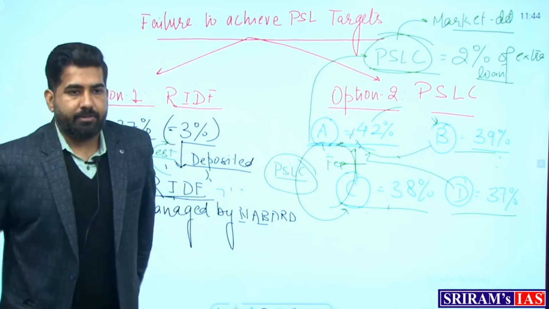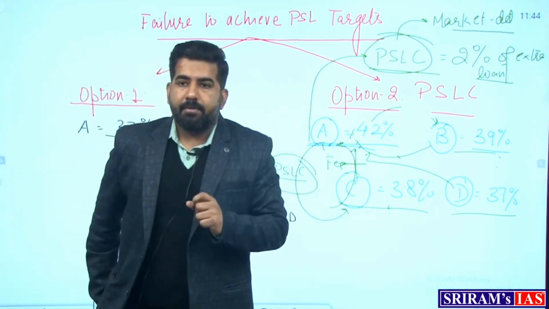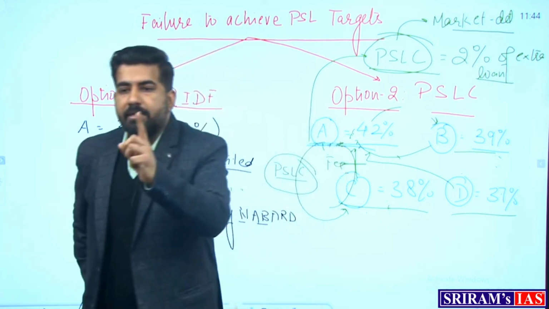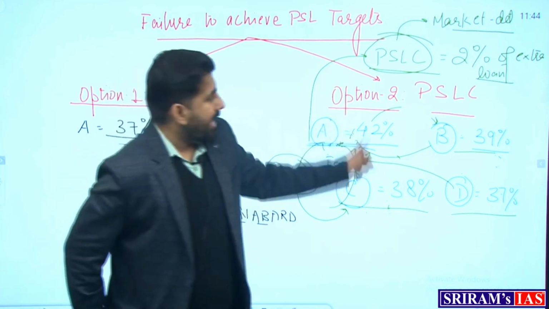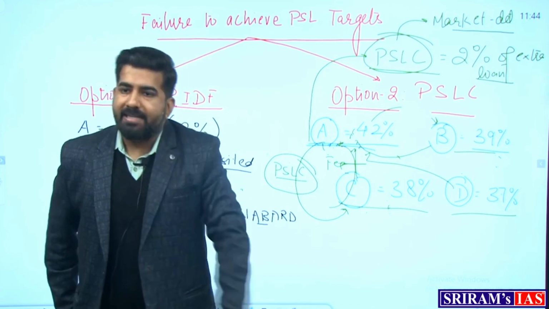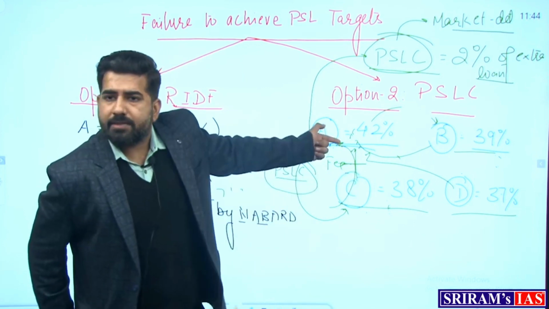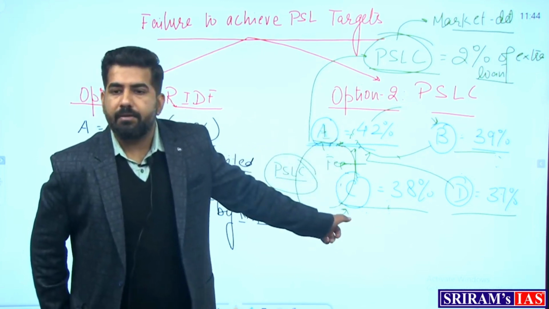एक last point. A ने PSL certificates तो transfer किए, but try to understand who has actually given the loan to the person. It's A who has actually given the loan, for which they have got the extra certificates. Does the transfer of certificate mean that there will be transfer of loan from A to C?